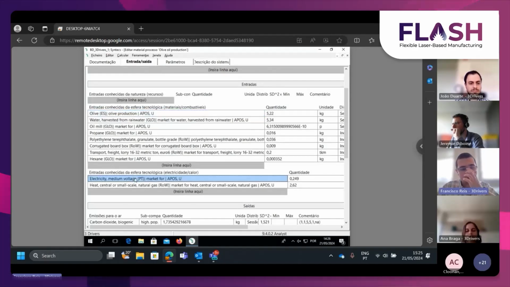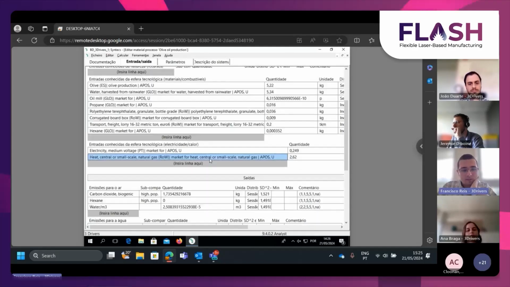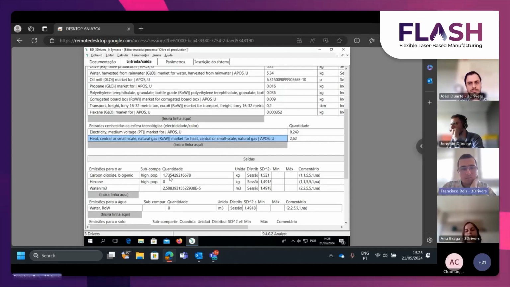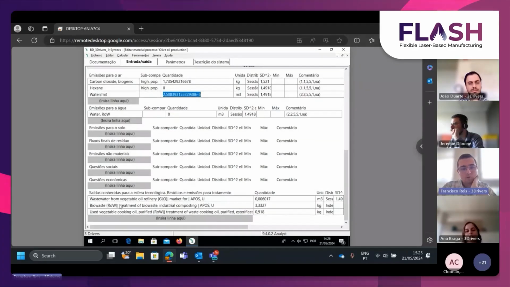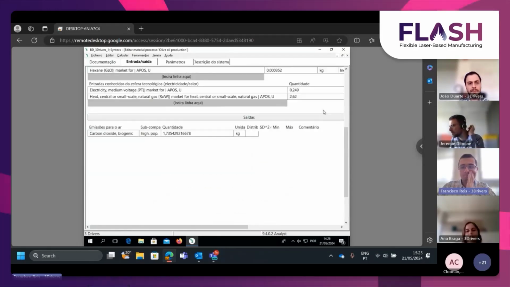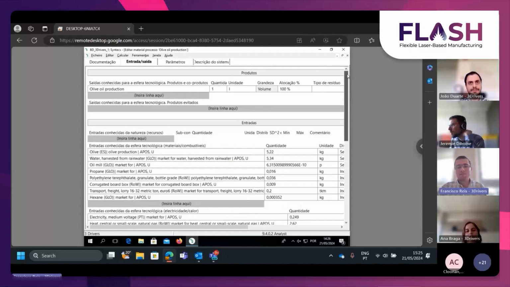So we have medium voltage electricity with the electricity mix of Portugal, and heat. And then here we have the emissions of the process, and finally the wastes like water and the bio-waste that João mentioned before. And for the process, that's it.